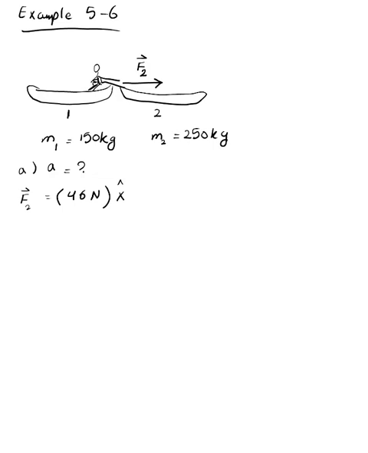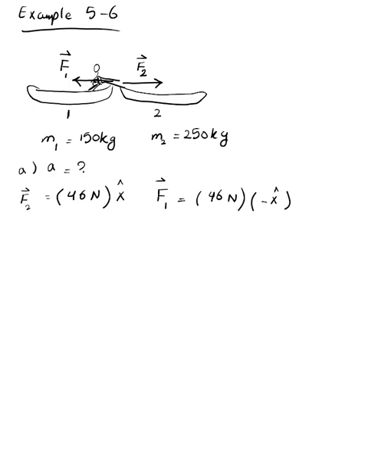According to Newton's third law, there is an equal but opposite direction force being exerted on the first canoe. So let's call this F1, and I know that F1 is 46 newtons in the negative x-hat direction.